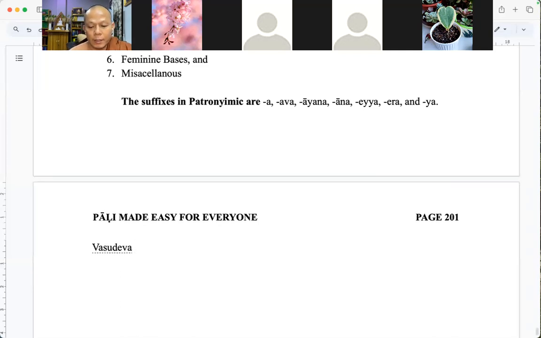To that, the first suffix is added. At that time, the vowel in the first syllable changes, mostly.